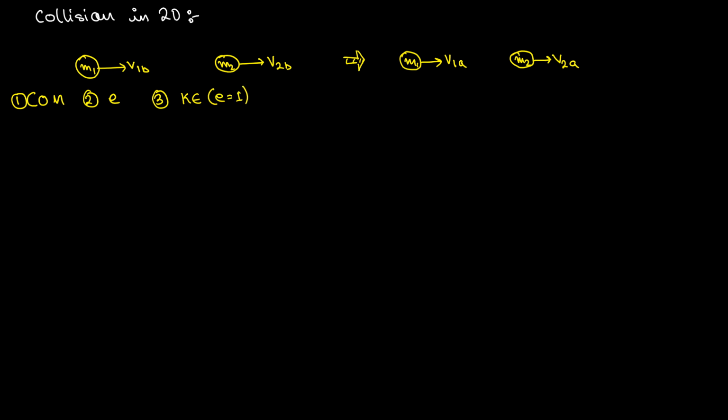But when you do a 2D collision, suppose this body is colliding with this body with M V2B, and after collision, instead of going in a straight line, suppose M1 moved in this direction with velocity 1a, and M2 moved in this direction with velocity 2a.